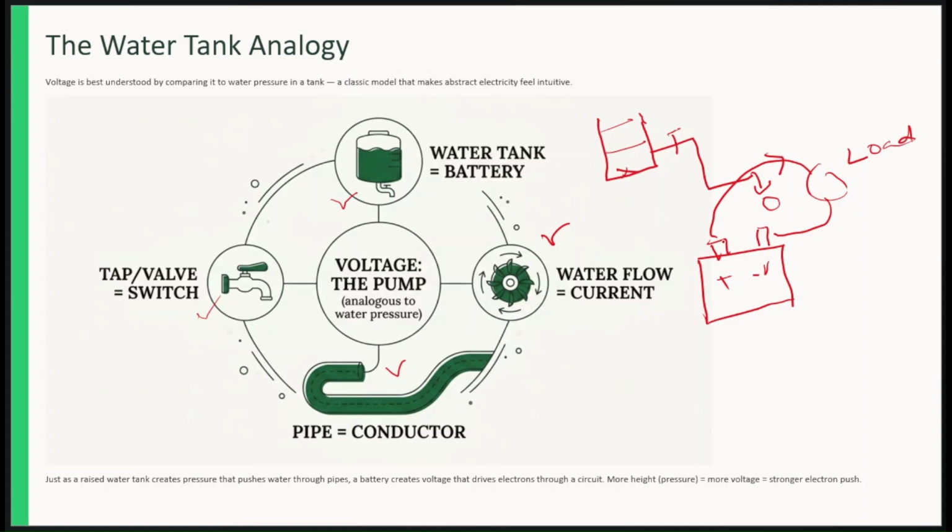Just imagine if this battery has 12 volts, then full current will be flowing through this circuit, through the load, to negative. If it is 6 volts, then it will be less. If it is 0, a flat battery, there is no current.